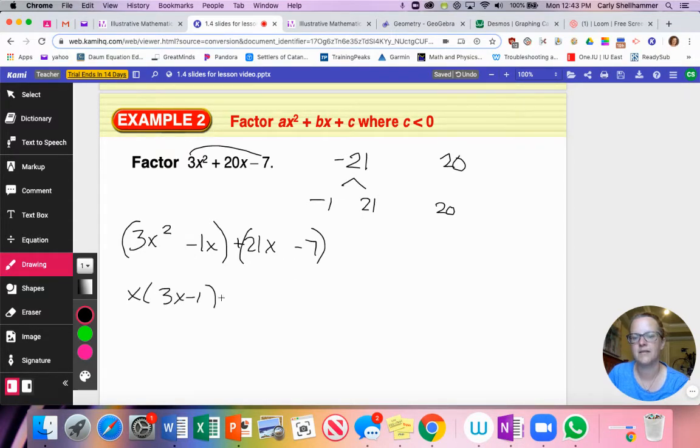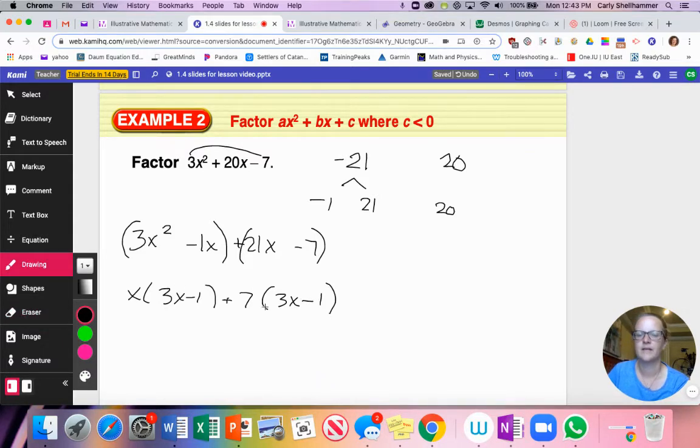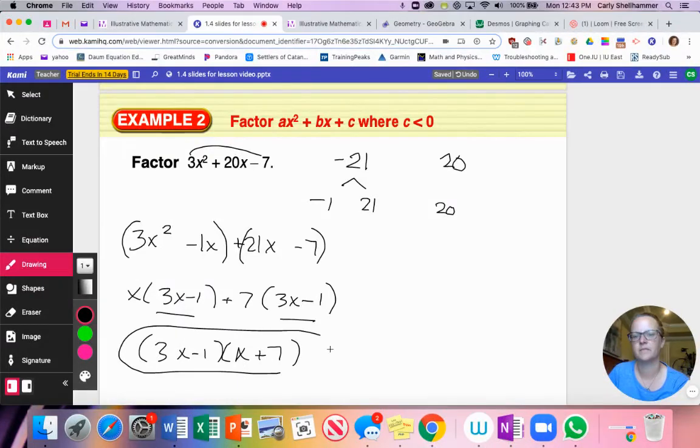The GCF for the second binomial is a positive 7. Utilizing that eraser a lot this morning. Okay, these match, so I know I did it right. Factor the 3x minus 1 out, and I'm left with x plus 7. Okay, got it.